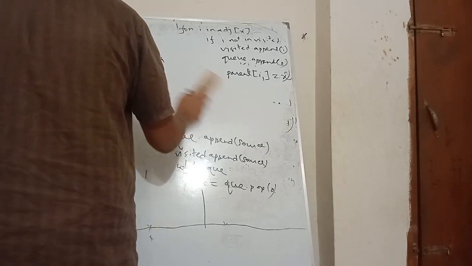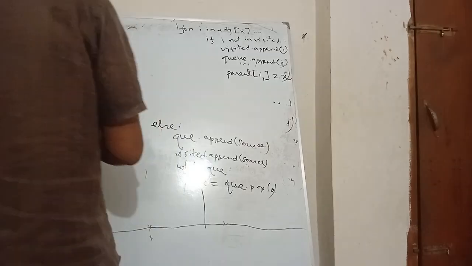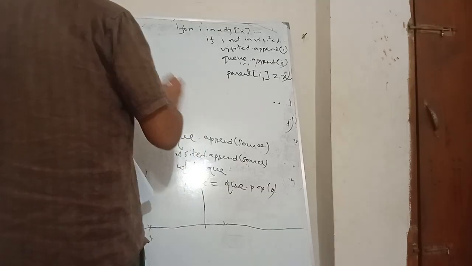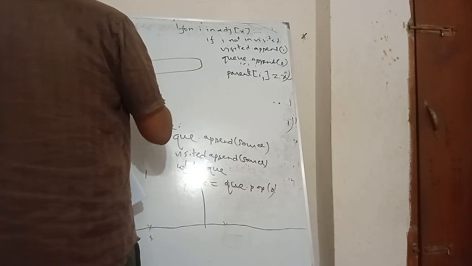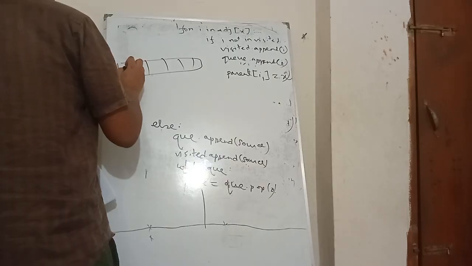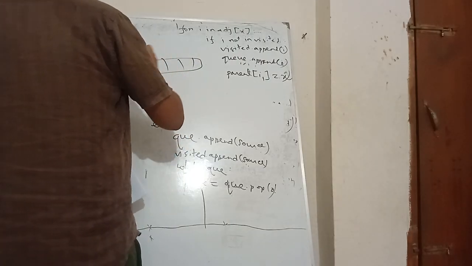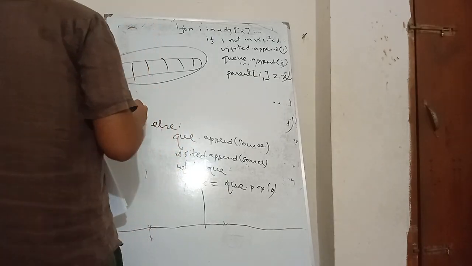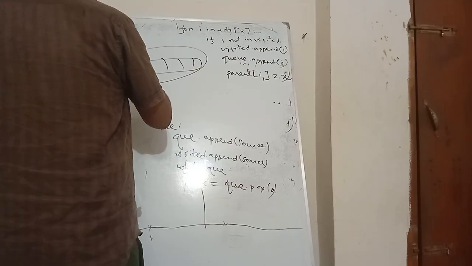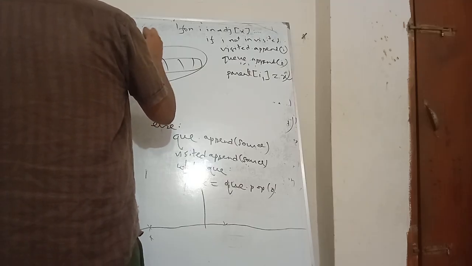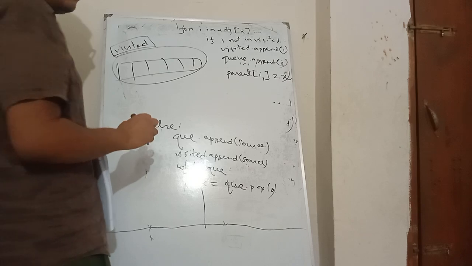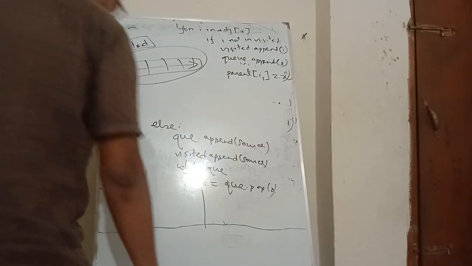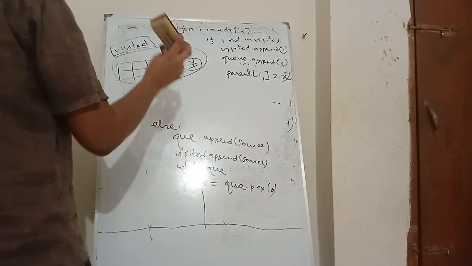So this makes sure all vertices are visited in a BFS manner, and visited is the output of BFS traversal. Our BFS is complete.